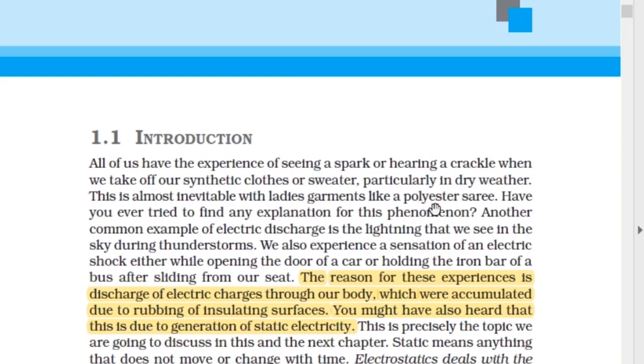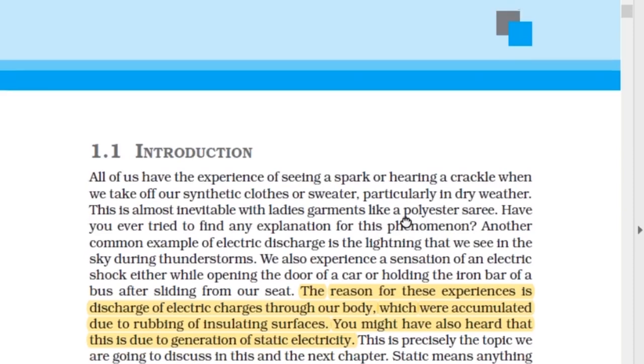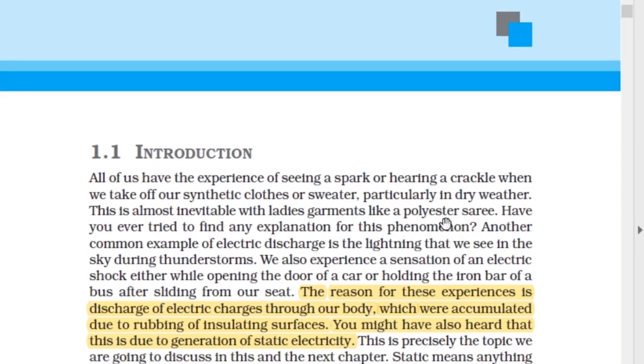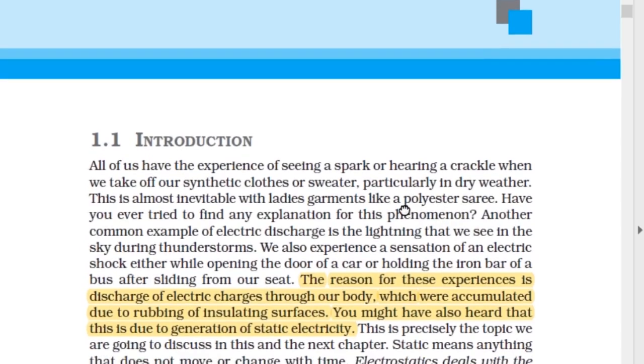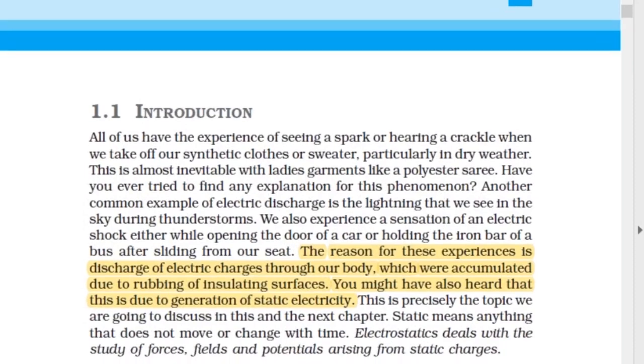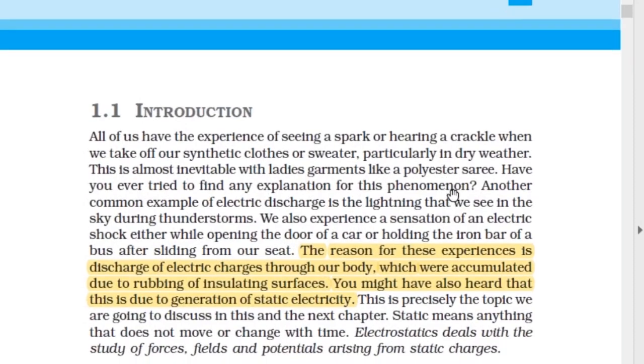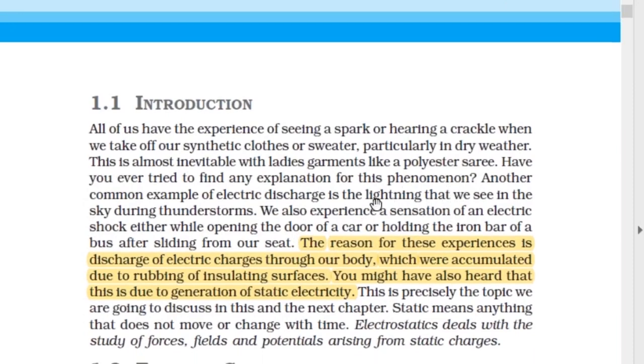So before we start with the real topic, we should know why we learn this topic. First of all, you might have seen many phenomena. I'll give some examples. In dry weather or maybe in the winter season, we wear sweaters and many other woolen clothes, right? But when we take them off, sometimes we hear a crackle sound, right?